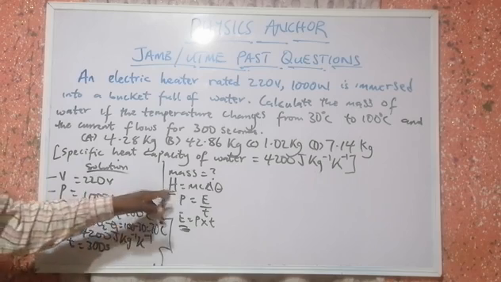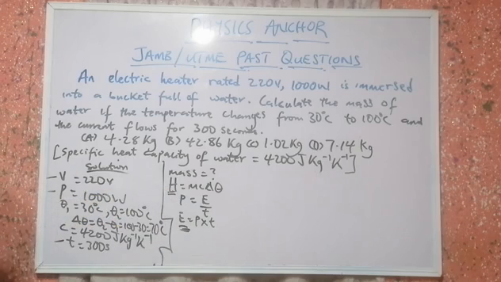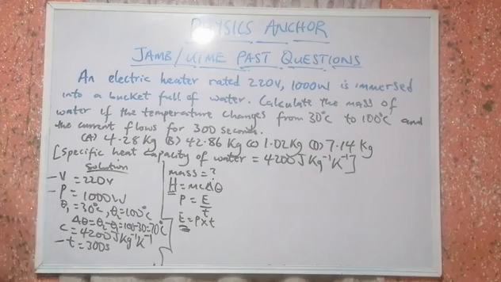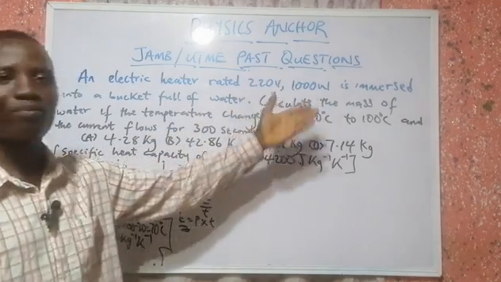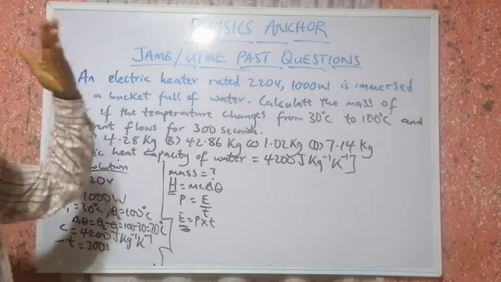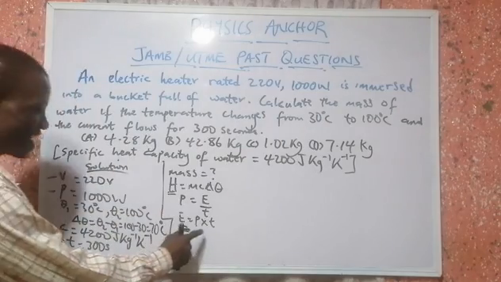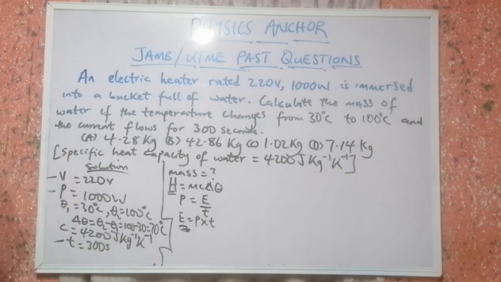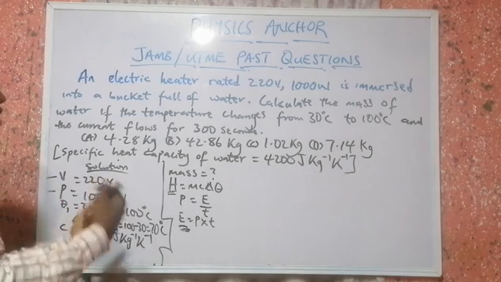So this is heat energy, this is electric energy, because it was said that the current flows for 300 seconds, and the power that we have here is of the electric source. So the electric energy is the one that brought about the temperature changes here.